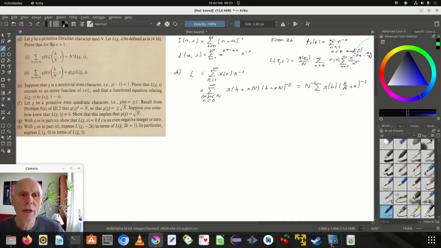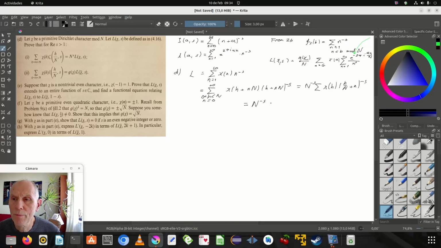Now, need we care about convergence? We can always assume the real part of s is larger than 1, or rather we must assume that. All right. And then summing over n, that gives exactly zeta.